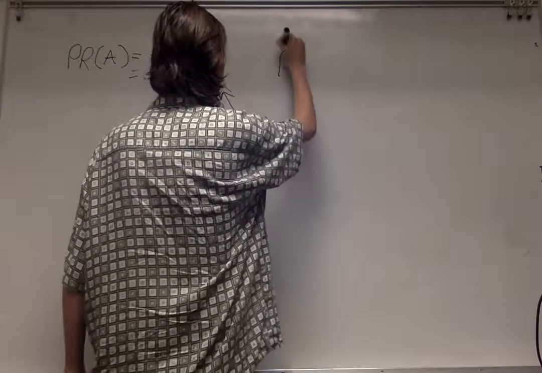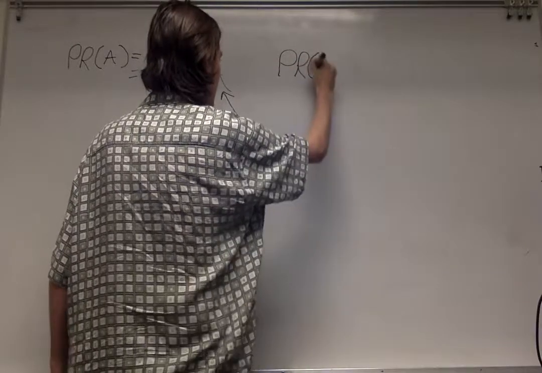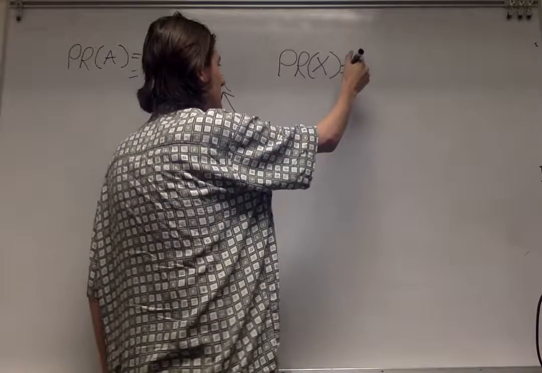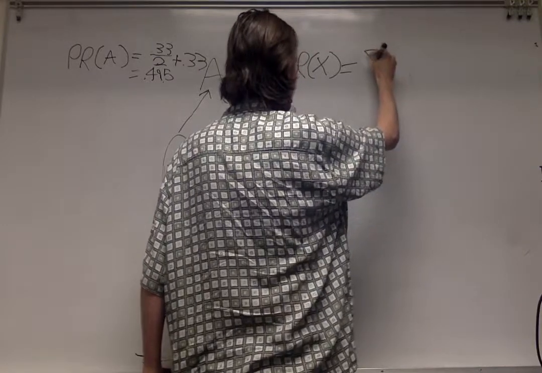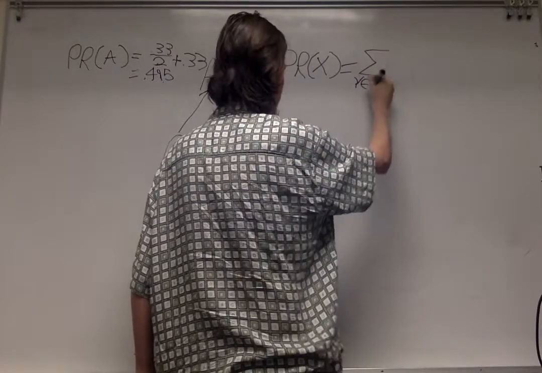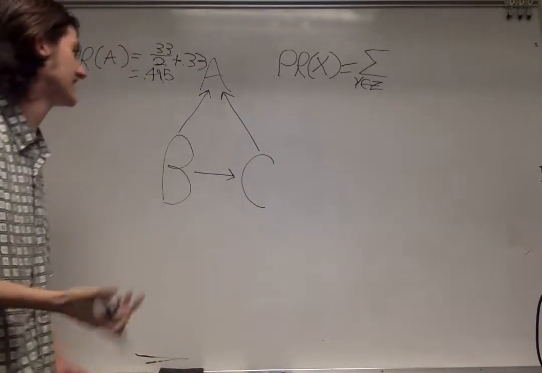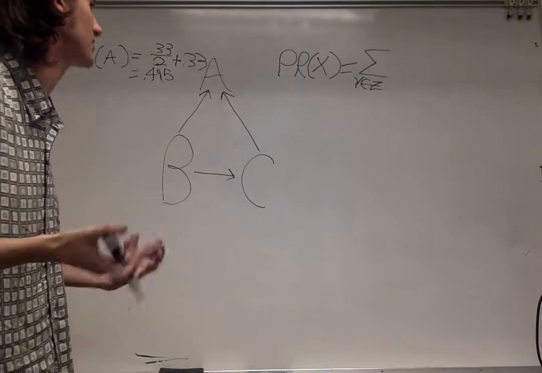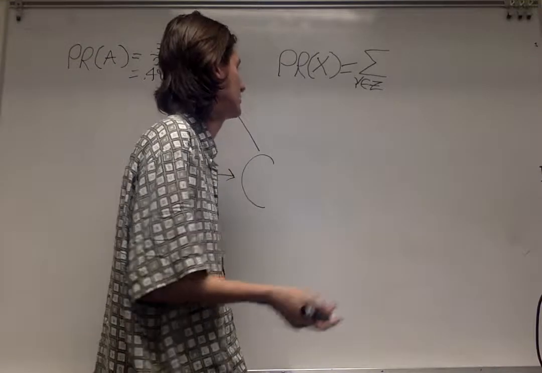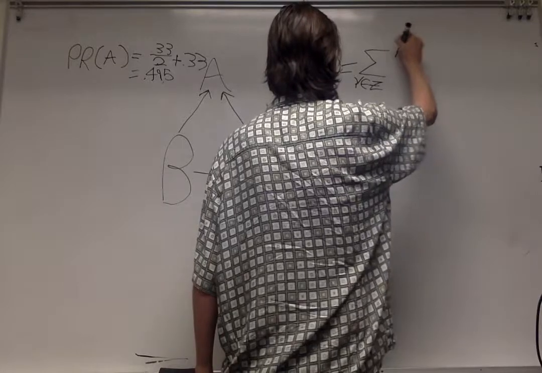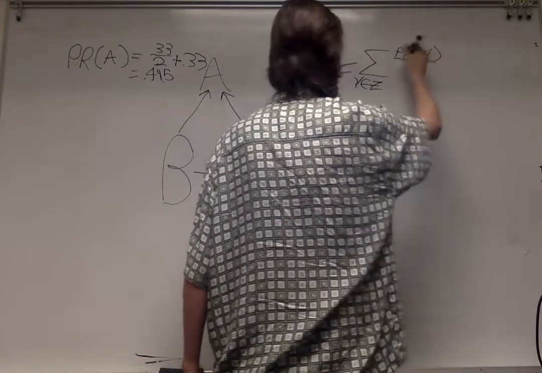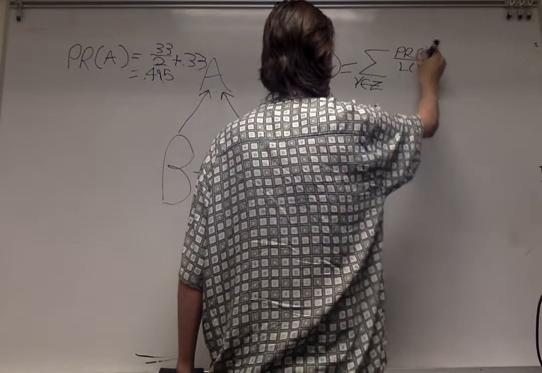So our formula will look like the page rank of some web page X is equal to the sum of all links Y that are elements of Z, where Z is some set containing only those websites with links to X. So PRX is equal to the sum, where Y is an element of Z, of the page rank of Y divided by the total links coming out of Y.